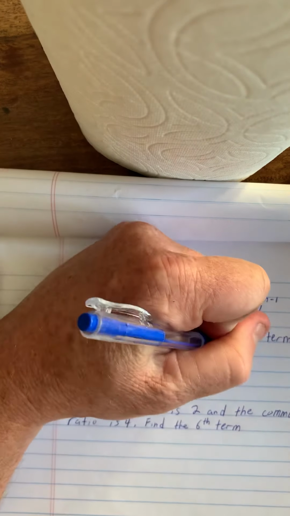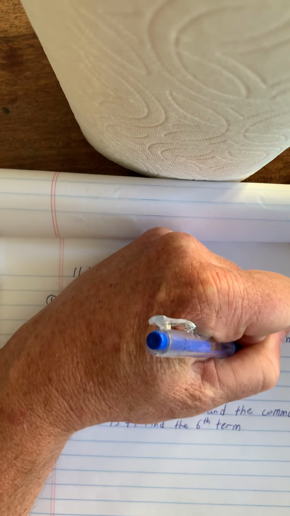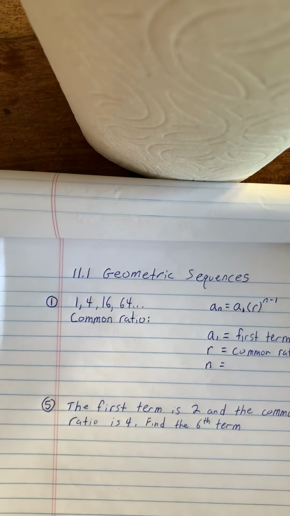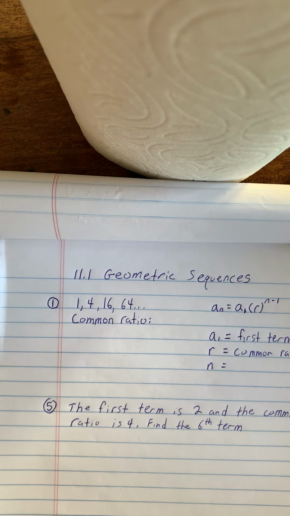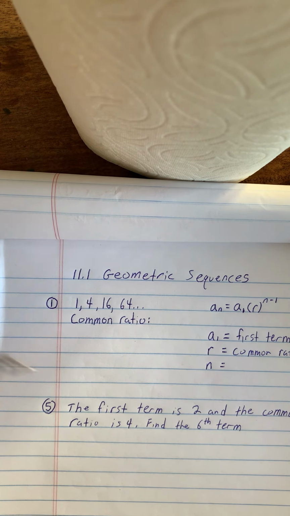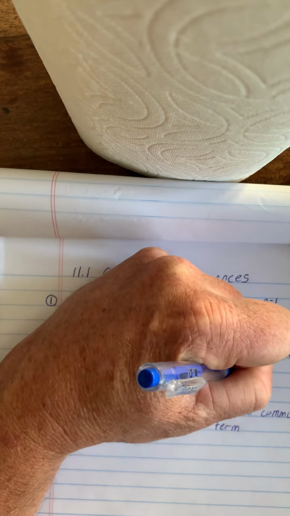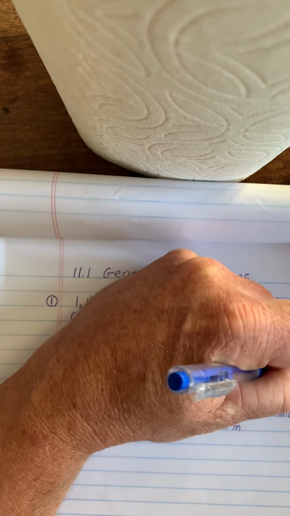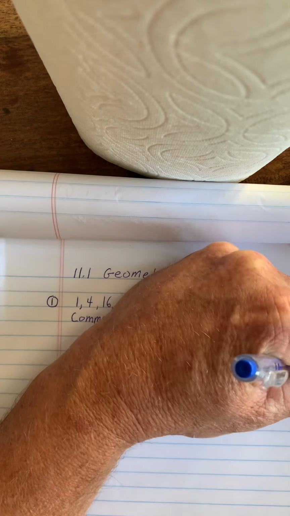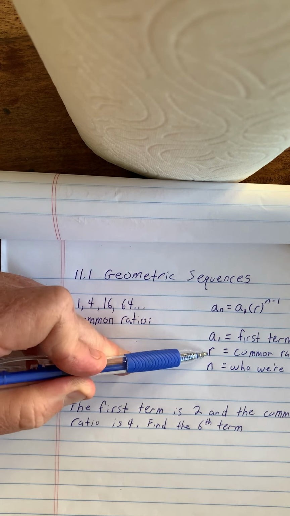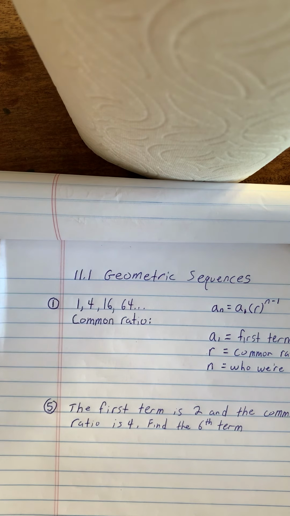That's going to be multiplying by 4. And then N is who we're solving for, okay? Those are what the 3 letters represent: A1, first term; R, common ratio; and N, who we're solving for.